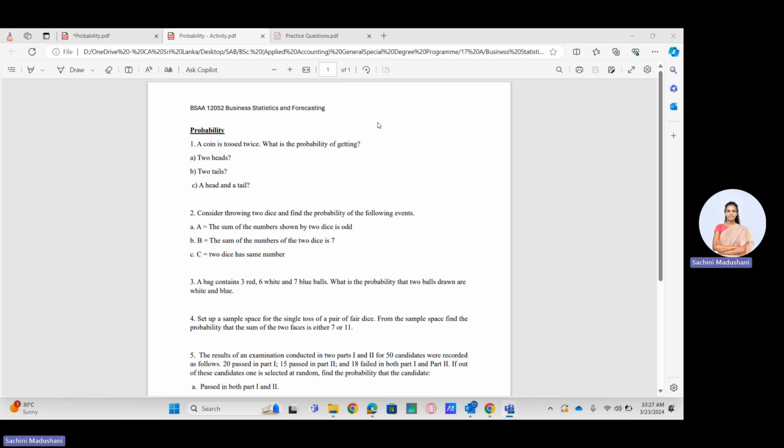Okay. Then moving to the fractions. Do the first one. That's the simple one, a very simple one.